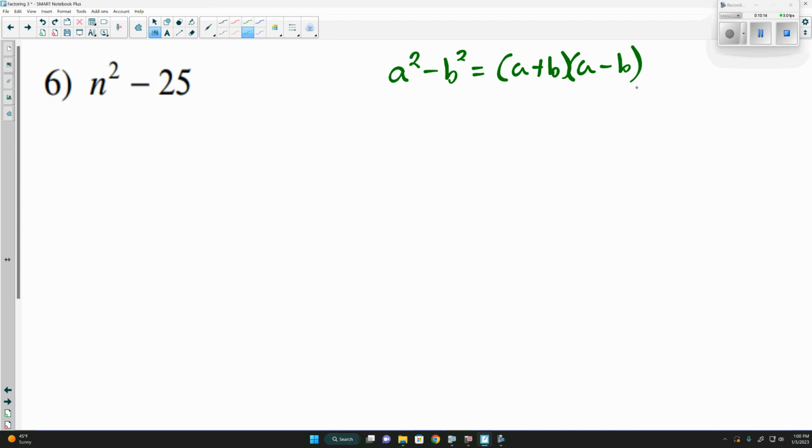So if we look at these two here, is n squared a perfect square? Yeah, because it's the same as n times n. Now I'm going to rewrite it with parentheses, n squared, so that we can see it. Because the main reason I do that is if I don't, and we're saying, okay, it's n times itself, so n squared, it looks like I just rewrote the same thing over.